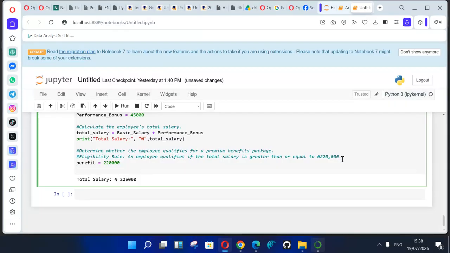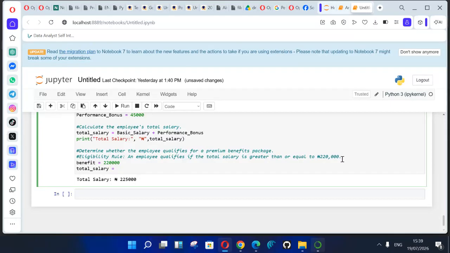Then the total salary will now be compared. The rule is to determine whether the employee qualifies for a premium benefit package.